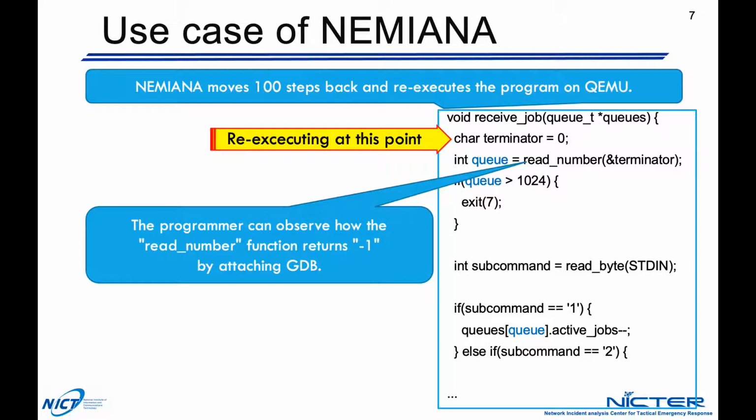This means that NEMIANA reproduces the execution states, goes back 100 steps, and re-executes the program on QEMU. The programmer steps into the read number function and observes how the function returns -1 by attaching with GDB. Finally, the programmer can find an integer overflow bug in the read number function.